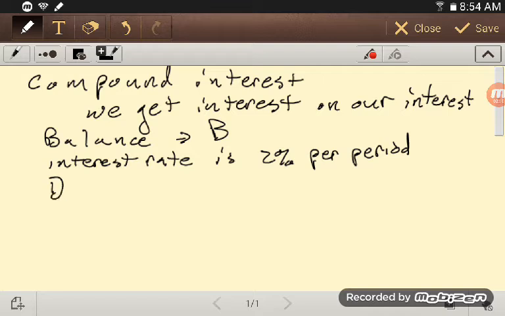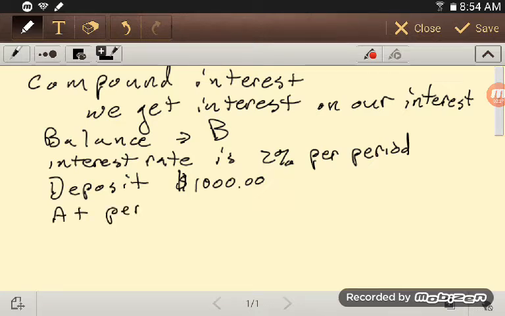Now, what we're going to say is at period 0, we have $1,000.